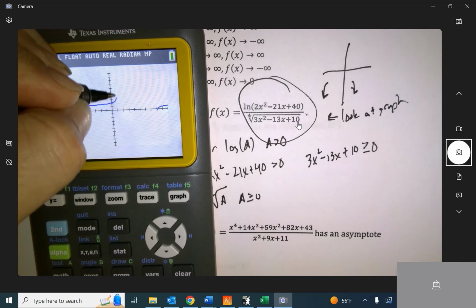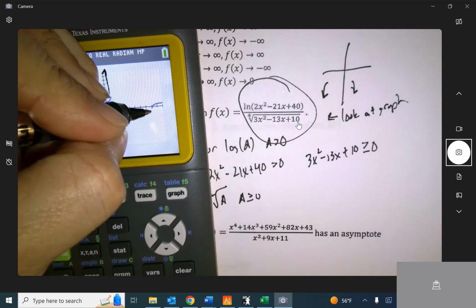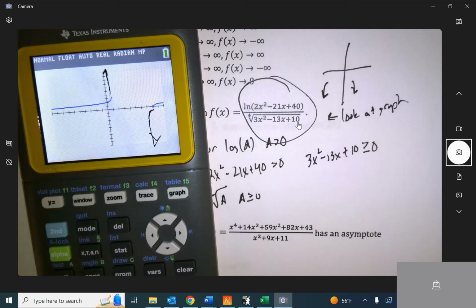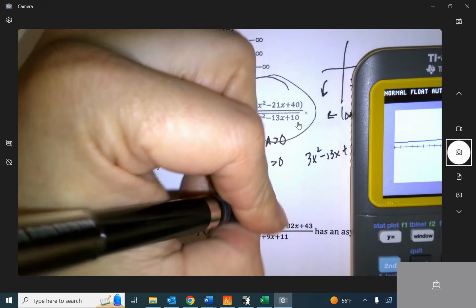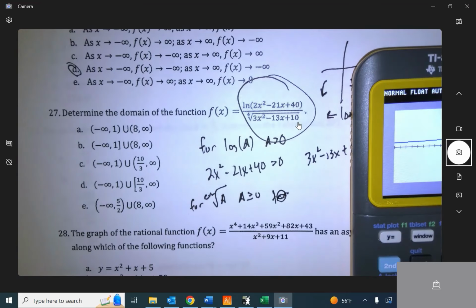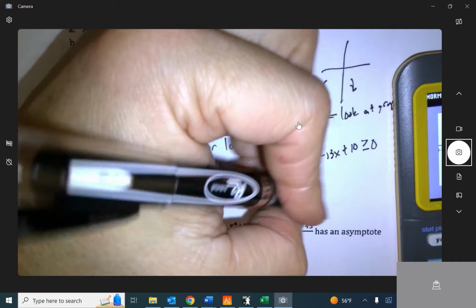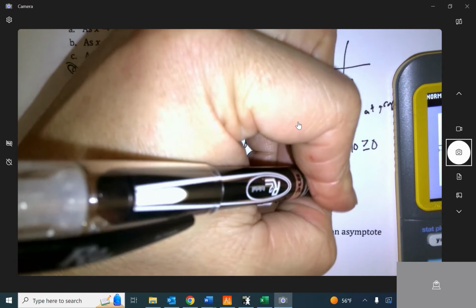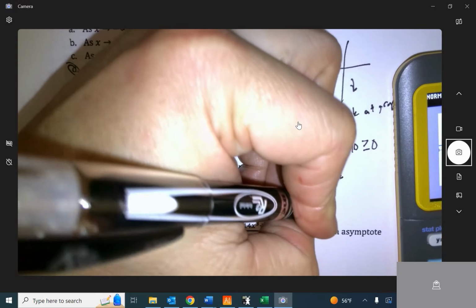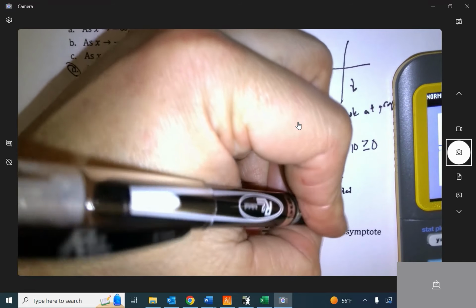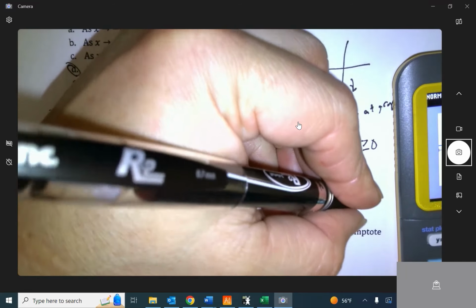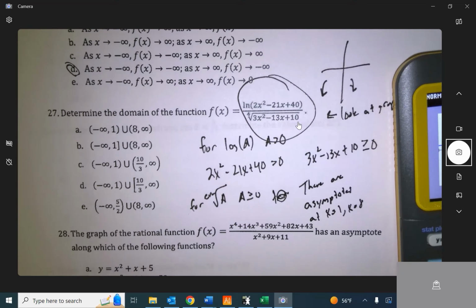This thing is going to rise to infinity. It's going to come up from negative infinity because there are asymptotes at 1 and 8. I spelled there wrong. That's how tired I am. There are, I'm going to try and write slow, asymptotes at x equals 1 and x equals 8. That's where they are.